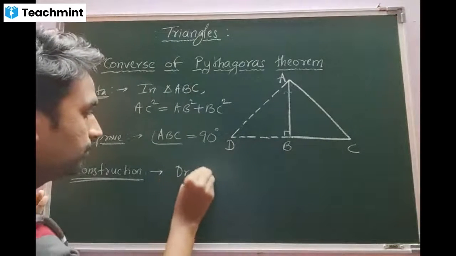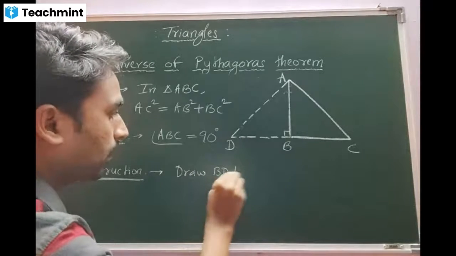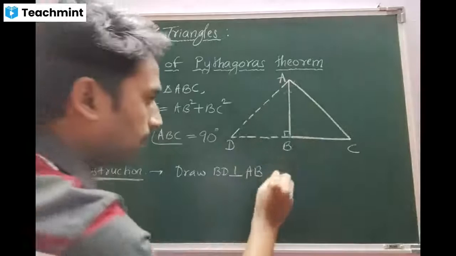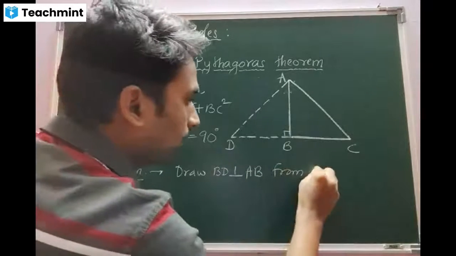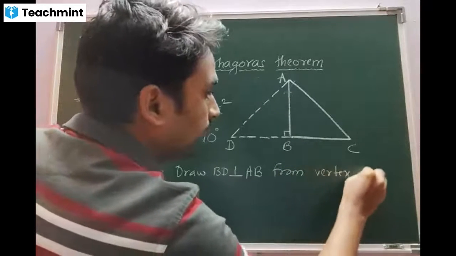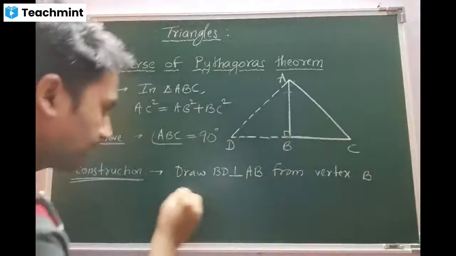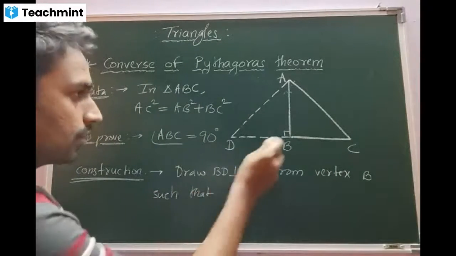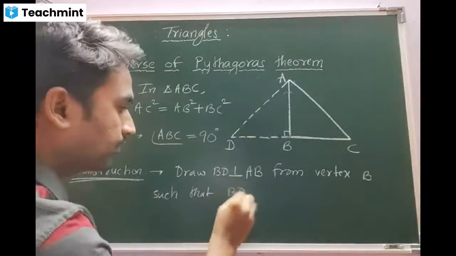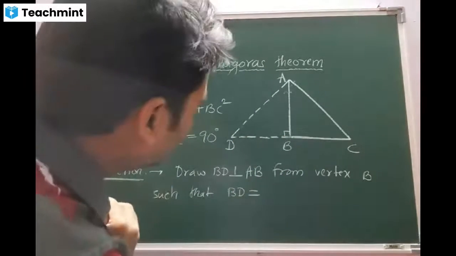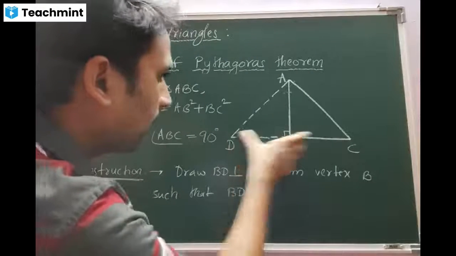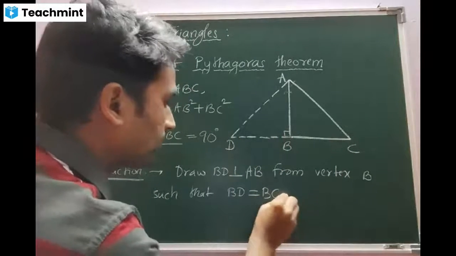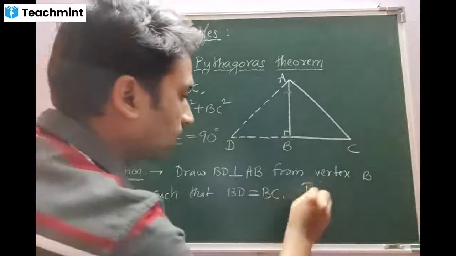Draw BD perpendicular to AB from vertex B such that the length of BD is the same as the length of BC. Join AD.